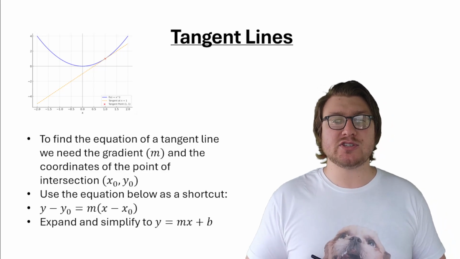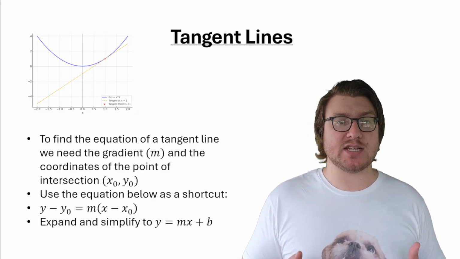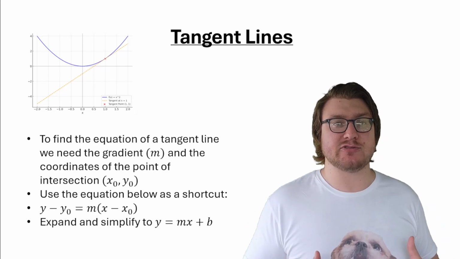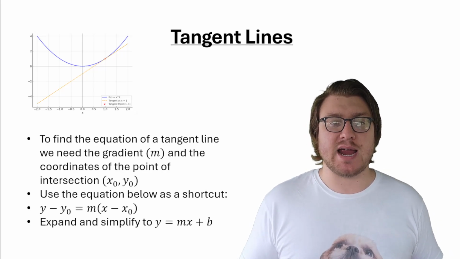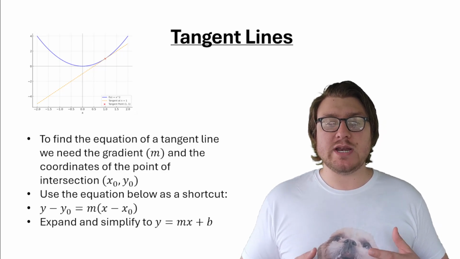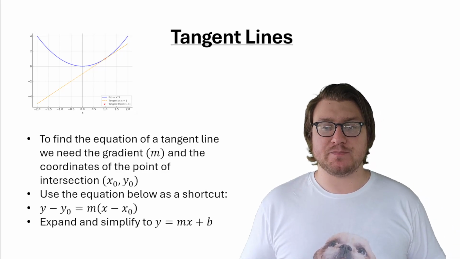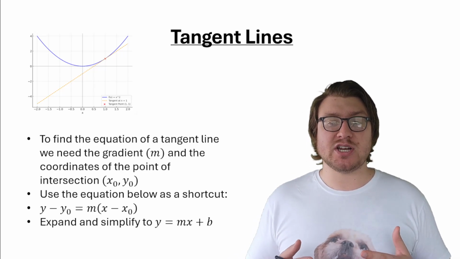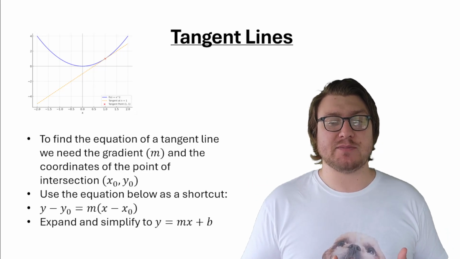Now, to find this straight line formula, you should know y equals mx plus b is the form that we want to have our final answer in. That gives us the gradient and the y-intercept for the straight line, so the tangent. In order to find this, we need two things: m and our y-intercept b. Well, in other words, we actually just want the gradient and a coordinate point where the intersection is.